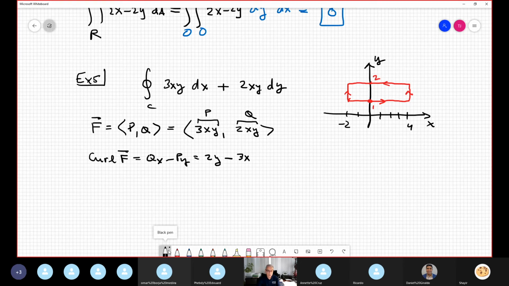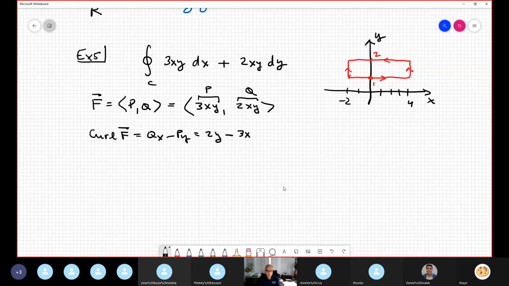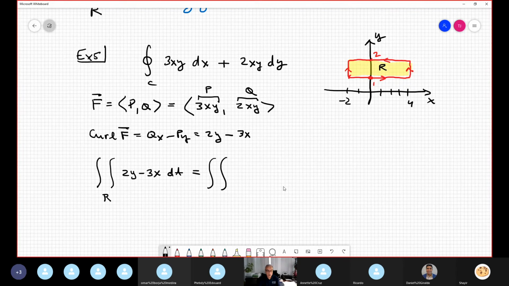Then I set up my double integral because I decided to apply Green's theorem in this region. This is my region R in Green's theorem. This is my double integral over the region R of the curl, dA. Now this is a crucial moment in which I make a decision: is it Cartesian or polar? It's obviously Cartesian because it's rectangular.